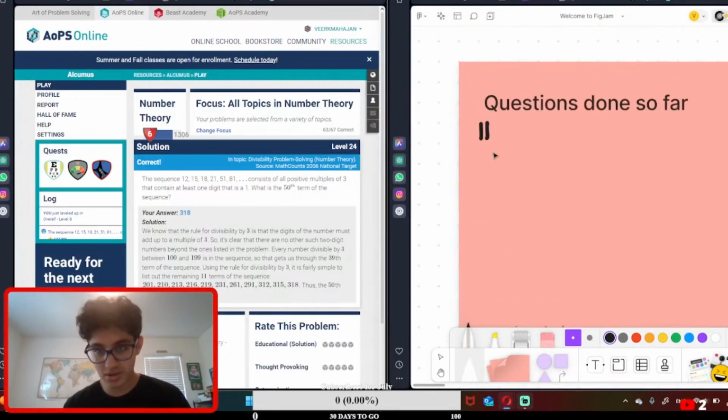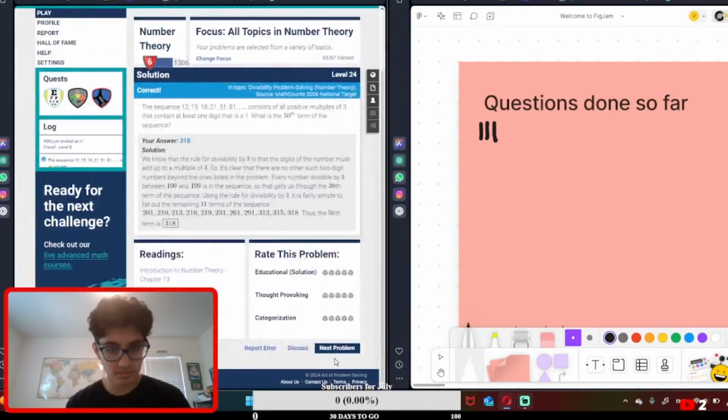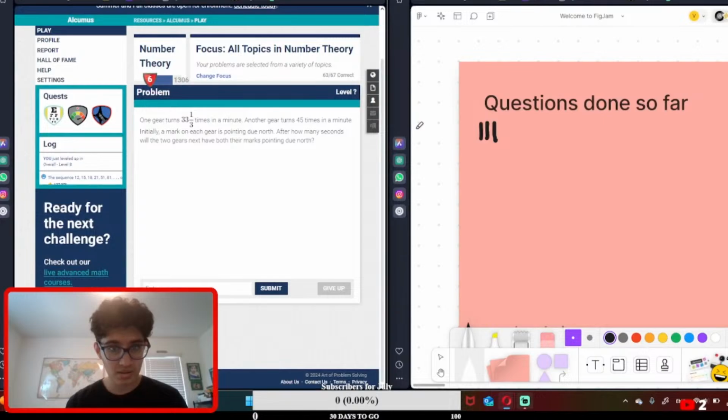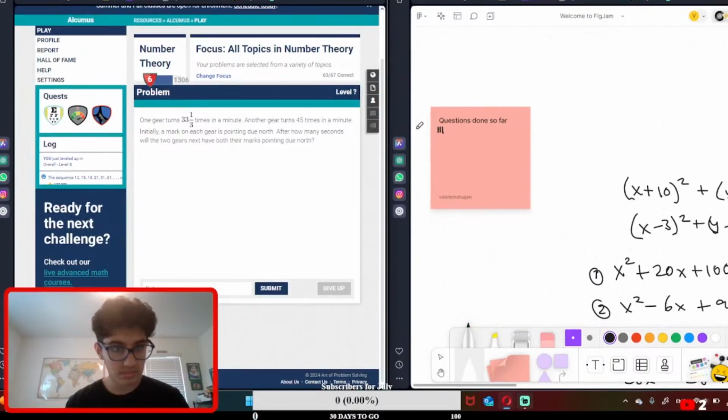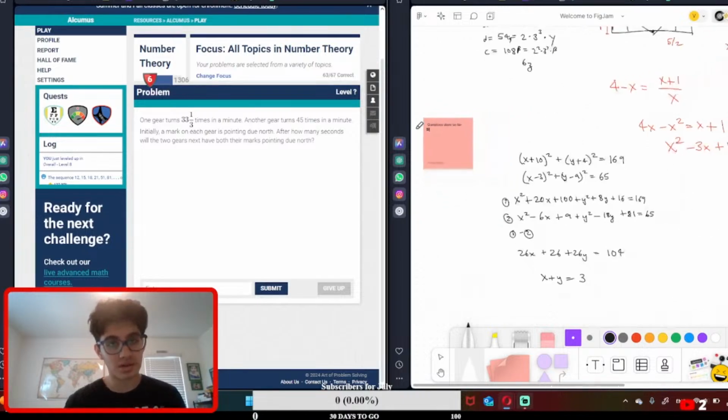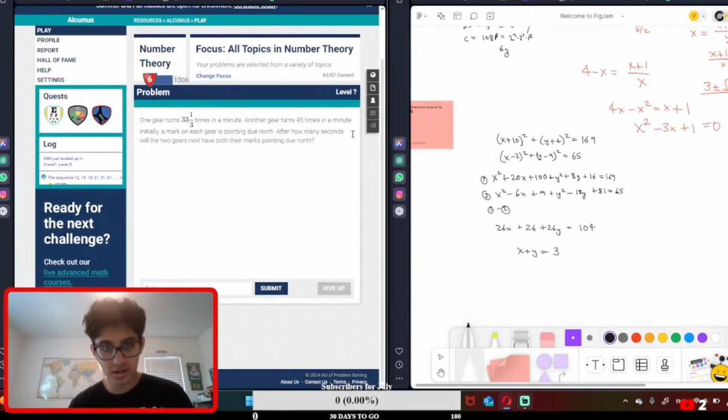This is the third question. So one gear turns 33 and a third times in 1 minute. Another does it 45 times. Initially a mark. After how many seconds will the two gears next have both their marks pointing to north?